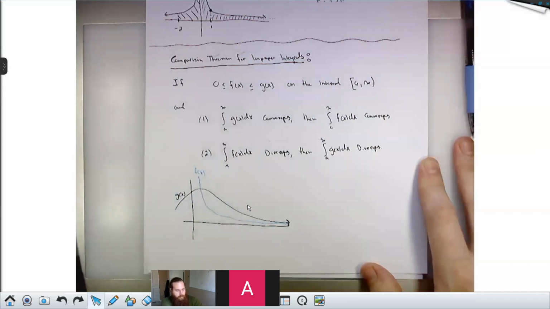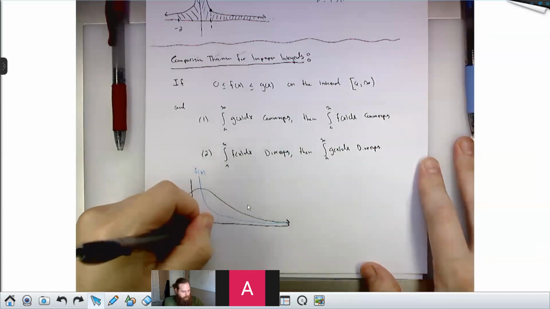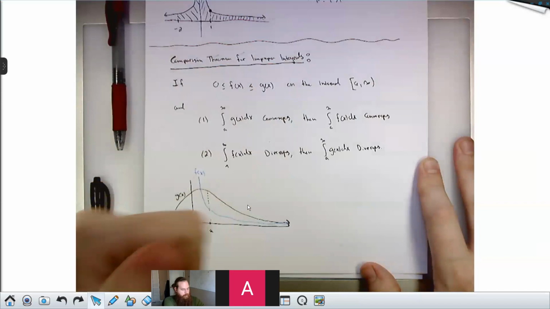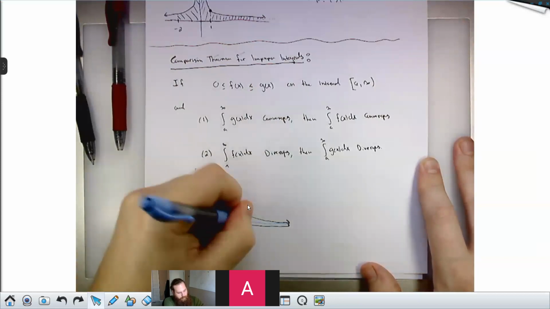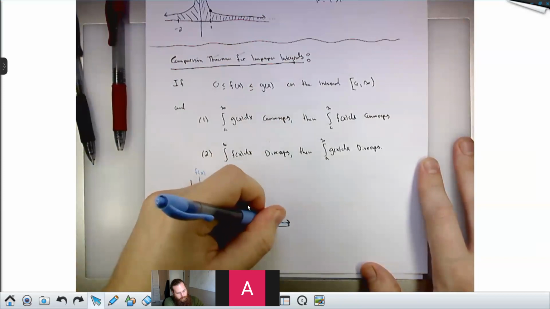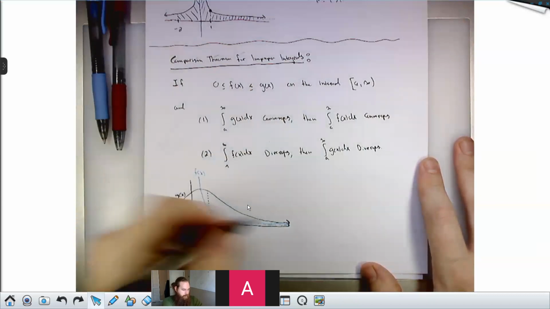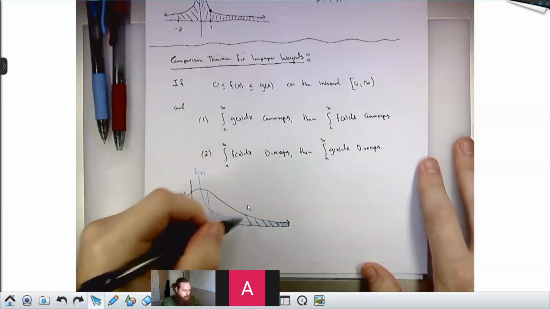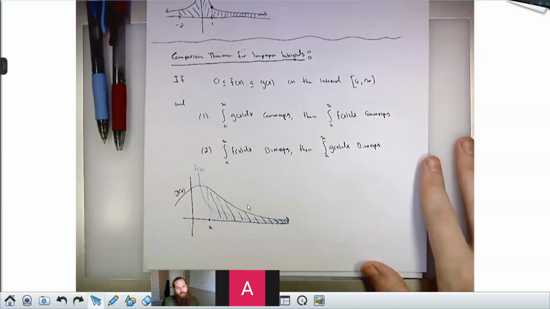And if a is here, then the blue area is contained in the black area.